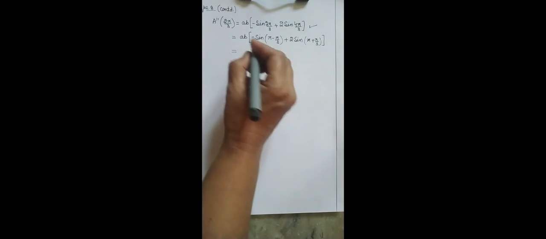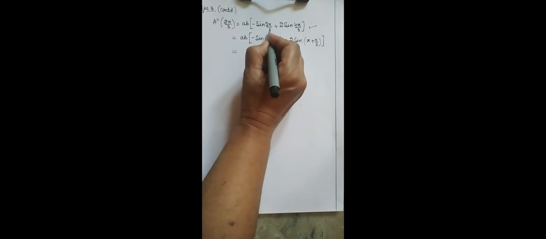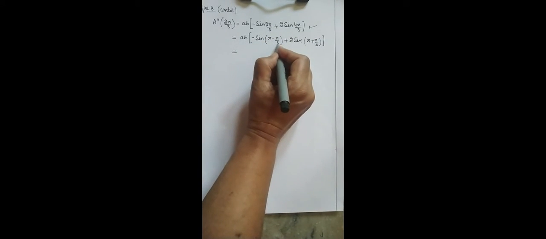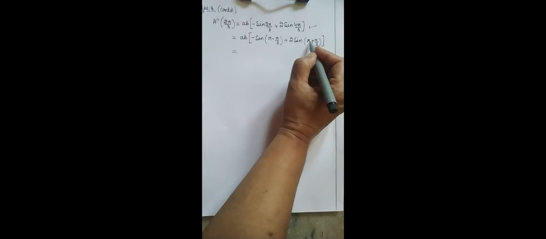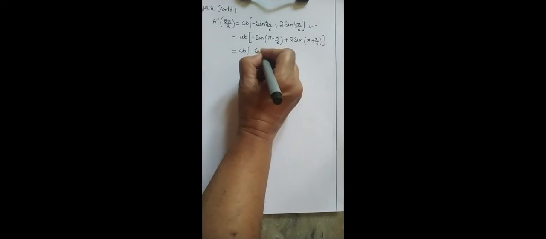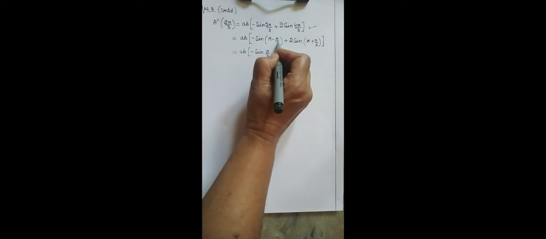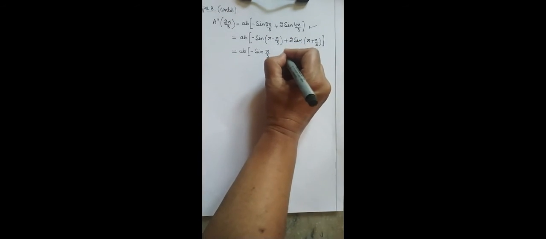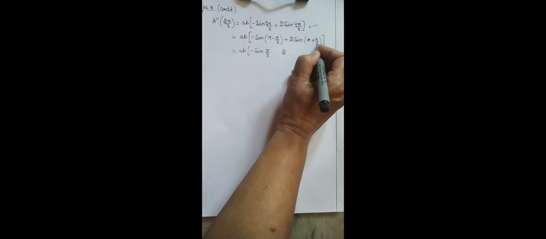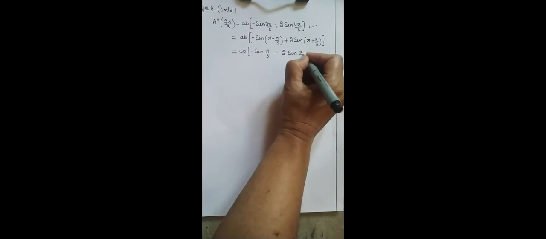So now simplifying it further, it is A into B minus sin. Now 2 pi by 3 can be written as pi minus pi by 3, and 4 pi by 3 can be written as pi plus pi by 3. So now this will be equal to AB into minus sin pi by 3, because what is sin 180 minus theta? It is sin theta. Then it is twice. Now what is sin pi plus pi by 3? Now it is in the third quadrant, so sign is negative there. So minus 2 sin pi by 3.